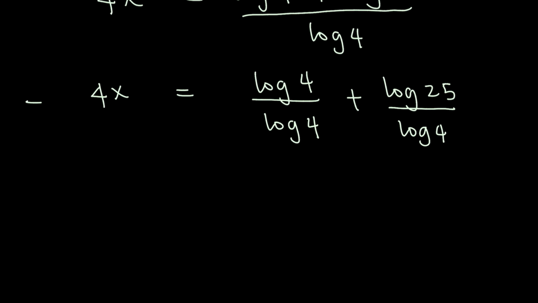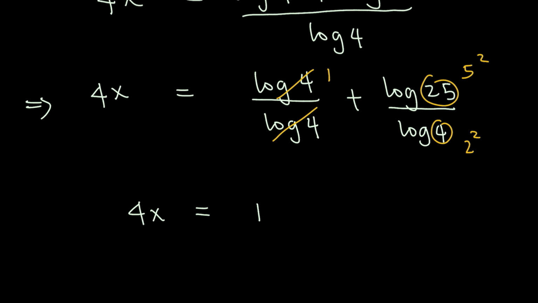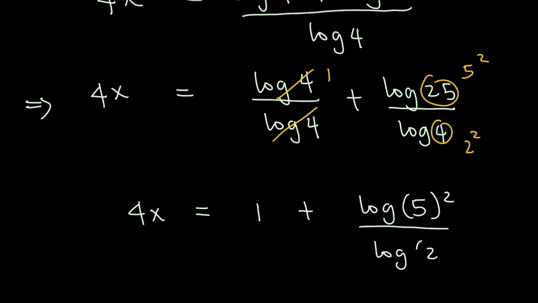I had to quickly do this part because this cancels this, gives us 1. And then we can now turn this to 5 squared and turn this to 2 squared. So we have 4x is equal to 1 plus log 5 squared divided by log 2 squared.